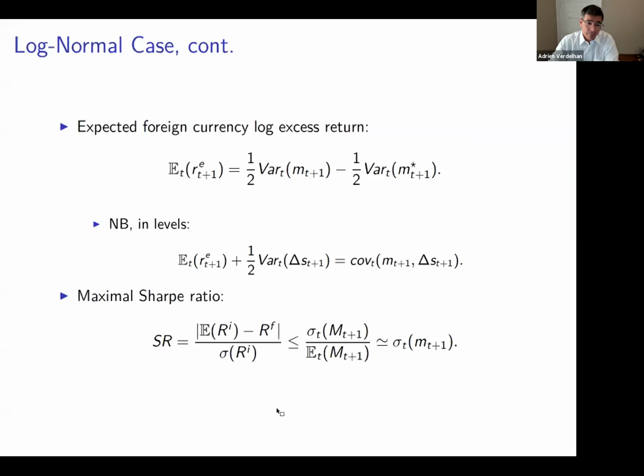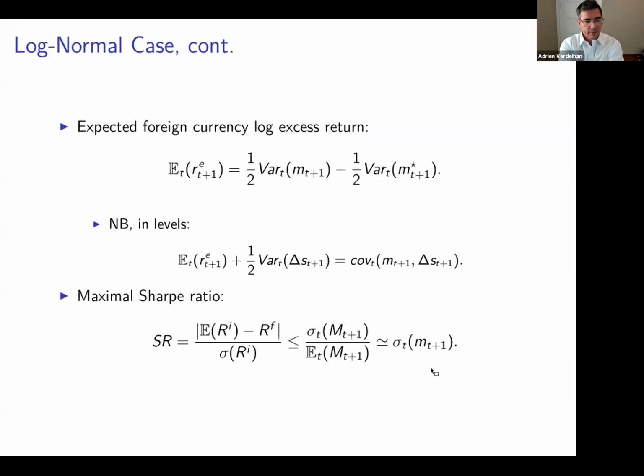Now, you remember this cute result also from the log normal world, where the maximal Sharpe ratio is equal to the standard deviation of the log SDF. So if we want to have models that are not at odds with the data, now that we know that there are all these large currency excess returns, we need models where stochastic factors are very volatile.